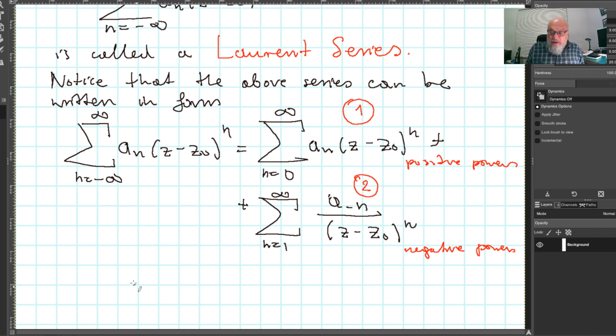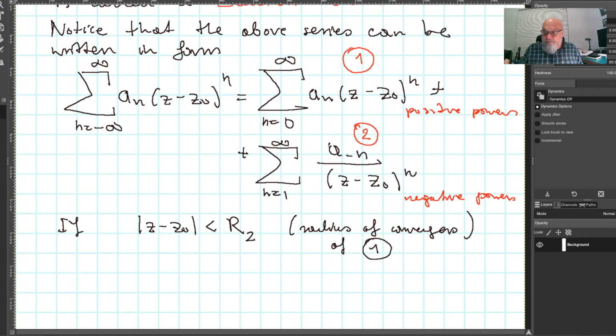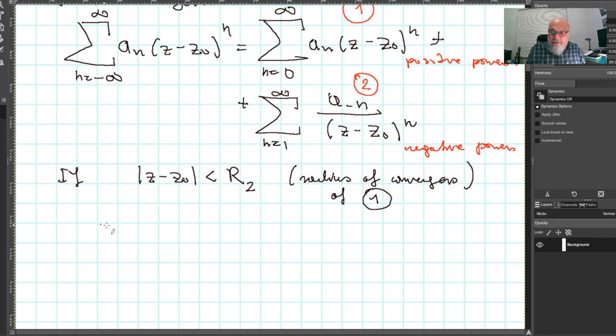For example, if |z minus z0| is smaller than R2, this is the radius of convergence of the first series, this gives you a number.